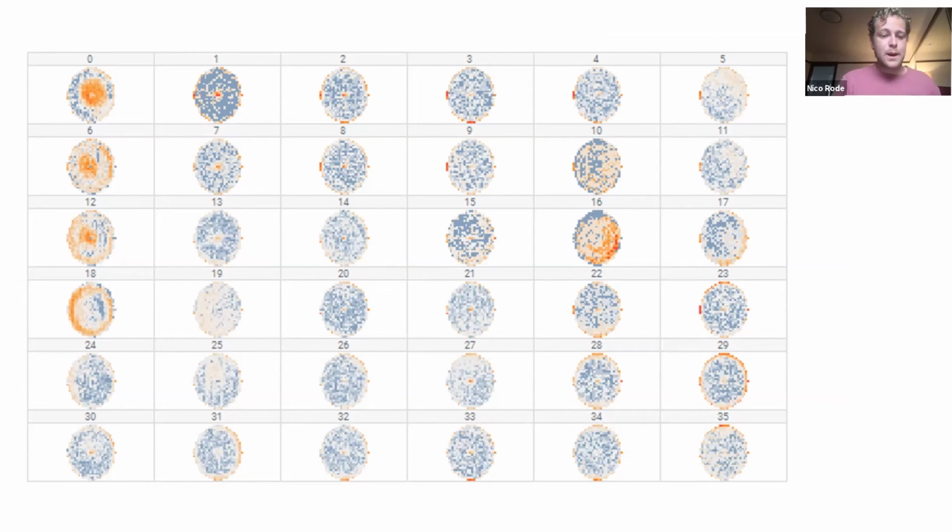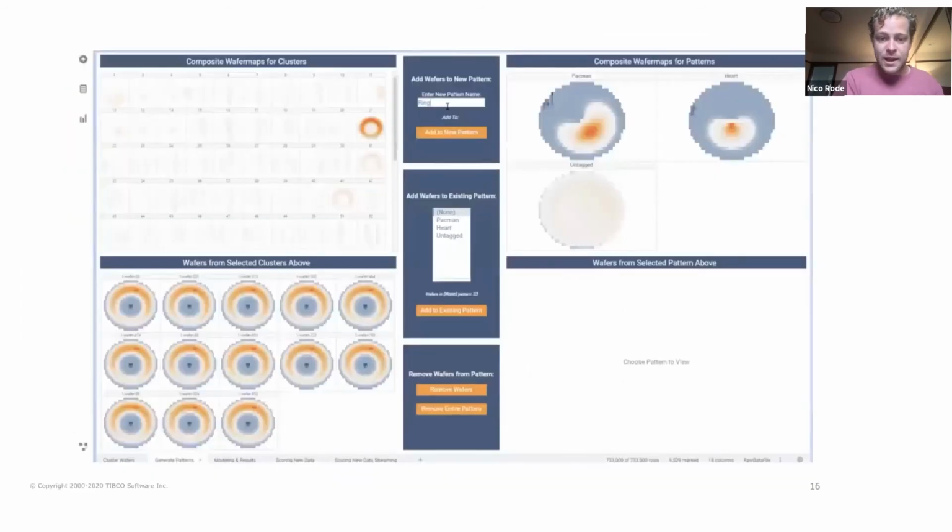What we're seeing here is the centroid of those clusters. If I were to go in, on this next slide, and select cluster 21 on the top left, that's a neuron in a self-organizing map. And everything on the bottom left are wafers that were grouped or clustered into that neuron.